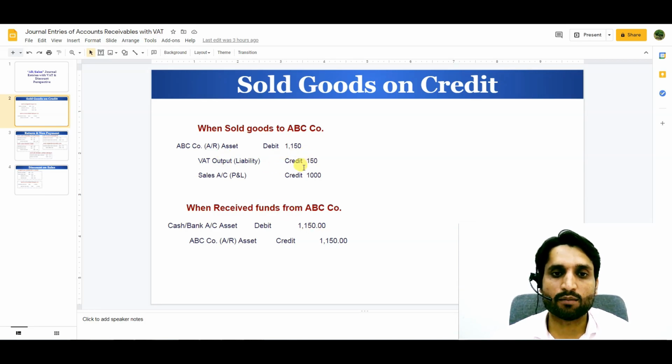This tax amount we will pay to the government later on. ABC company account receivable asset account will be credited by 1150, so their ledger account will become zero. As you can see, this is a credit sales transaction when we are selling goods on credit to any client.